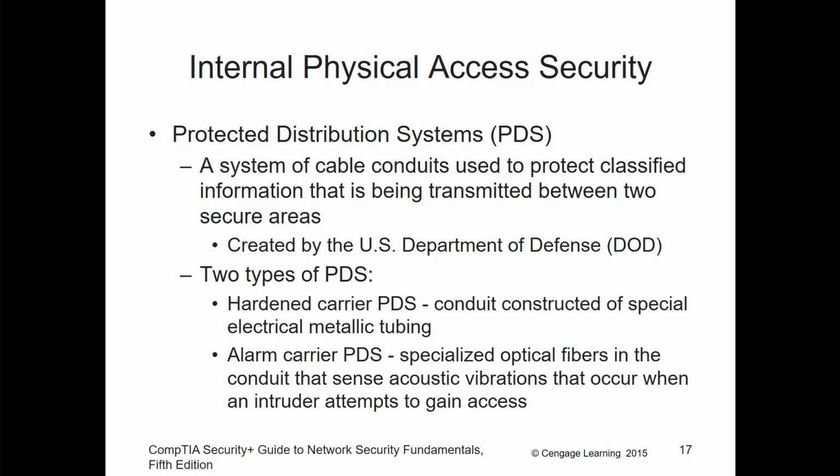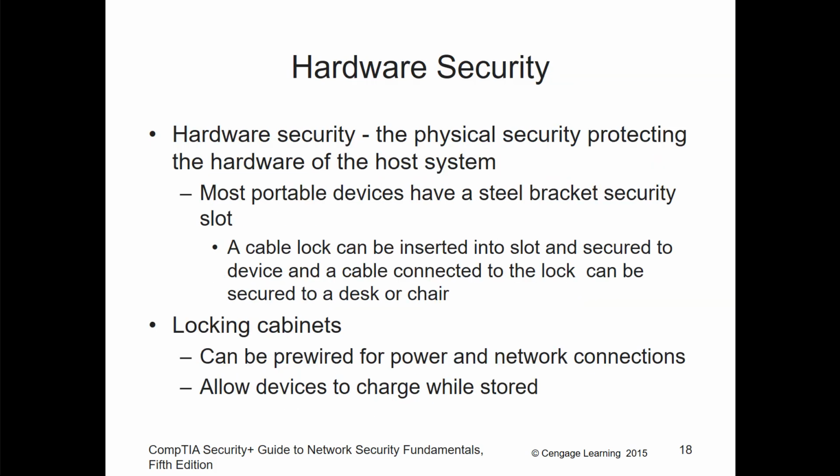Basically, it's going to be the conduit, which is constructed of a specialized electronic metallic tubing, or the alarmed carrier is going to be specialized optical fibers in the conduit that senses acoustic vibration that can occur when an intruder tries to gain access. Again, this is about being able to protect the physical cabling so someone cannot tap into it between 2 secured facilities.